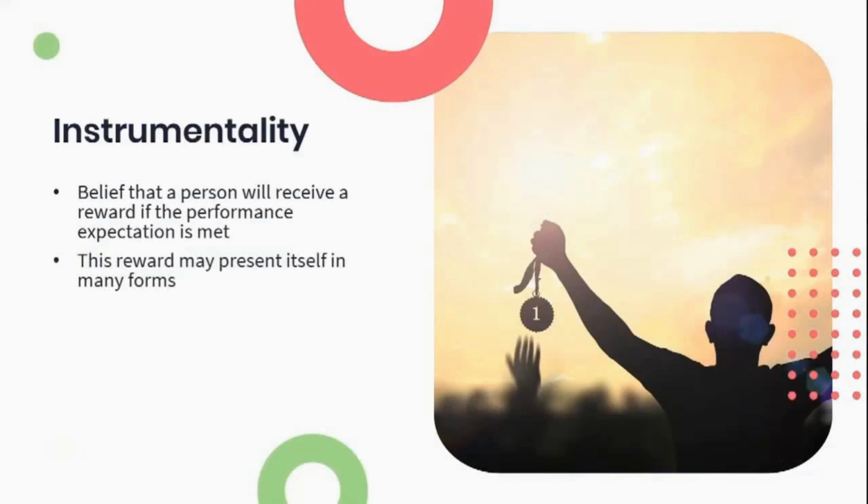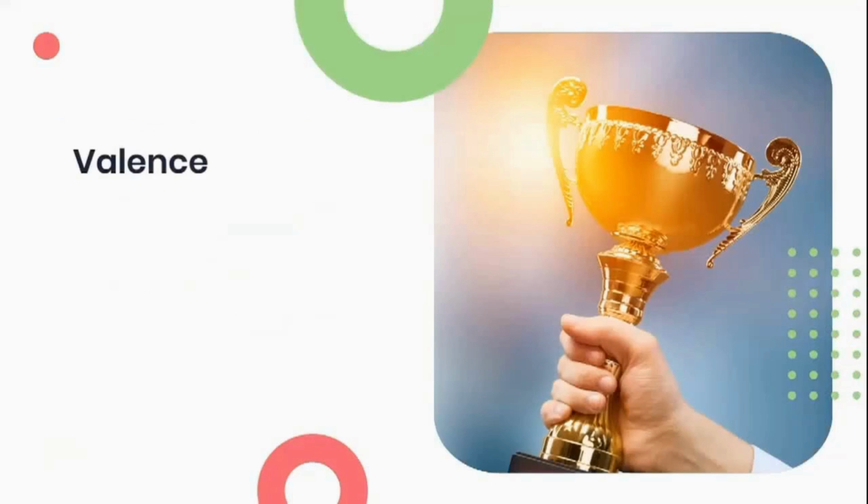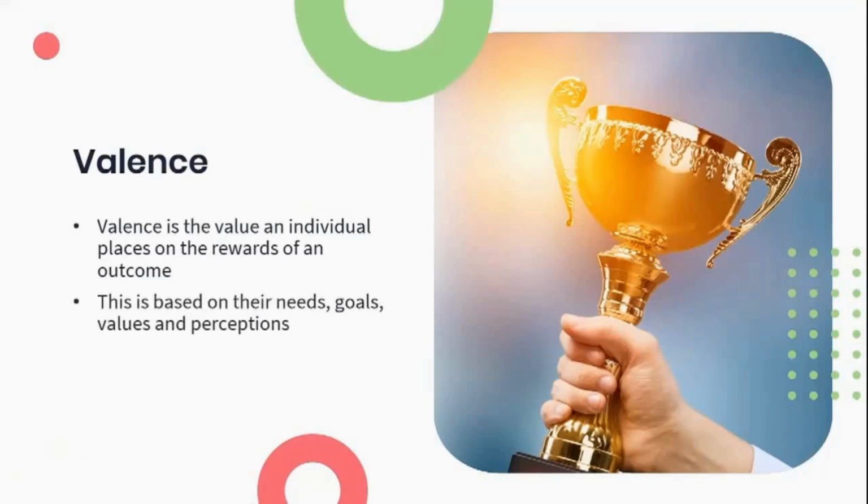This reward may present itself in the form of a pay increase or promotion or some sense of recognition. Instrumentality will be low if the reward given is the same no matter what the level of performance. Valence is the value an individual places on the rewards of an outcome, which is based on their needs, their goals, their values, and what motivates them.